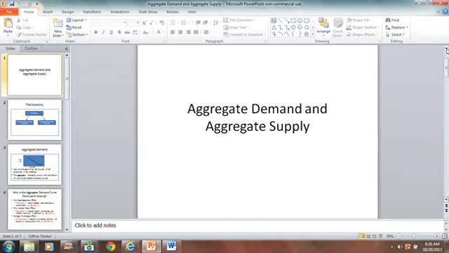So the focus of this chapter is looking at the mechanics of the economy. And since the economy is a collection of all markets, it makes sense that the mechanical features of this chapter should be very similar to the mechanical features that we discussed in chapter 3 when we looked at the mechanics of a market.